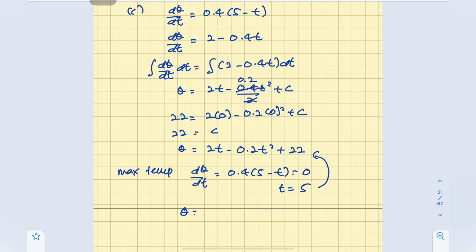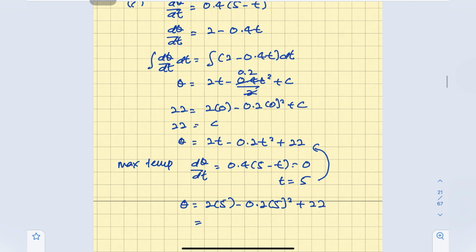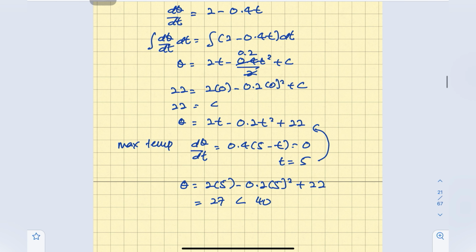So θ equals 2 times 5 minus 0.2 times 5 squared plus 22, which equals 27. Okay, 27 degrees is less than 40 degrees. So yes, they can proceed with the plan. Therefore, yes.